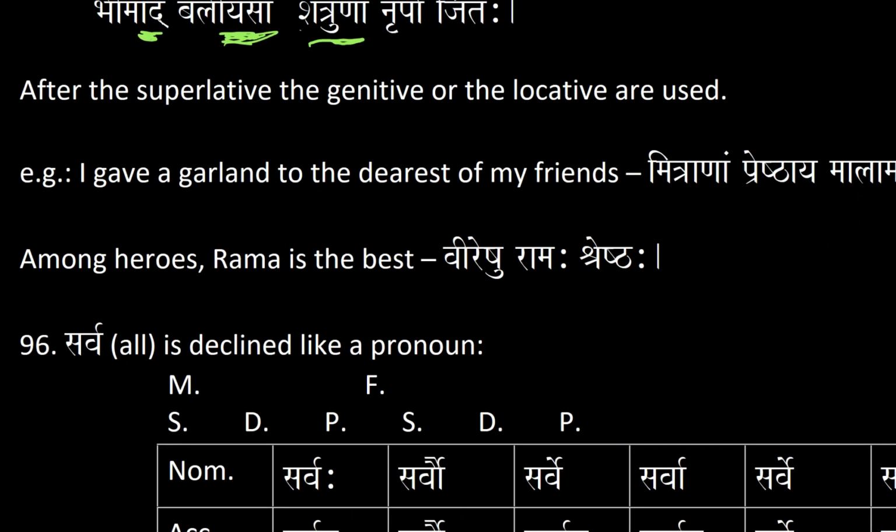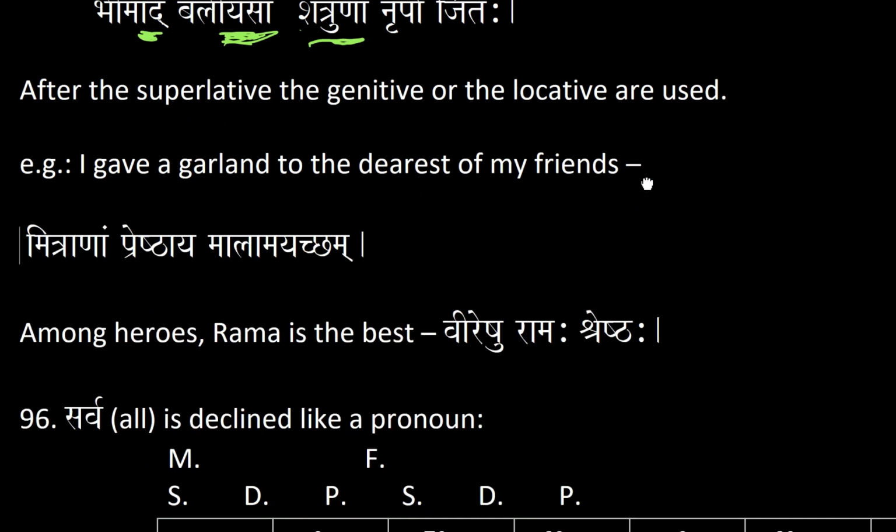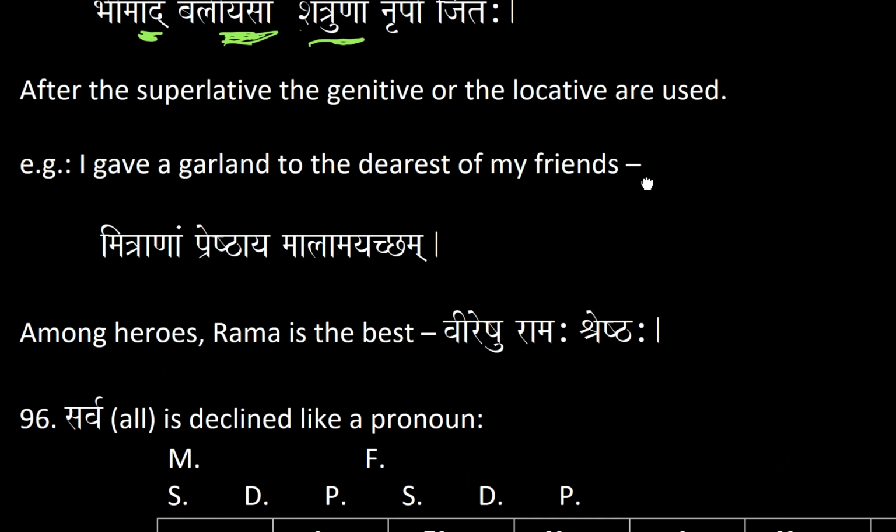And then next is after the superlative, the genitive or the locative cases are used. So in this example, we have I gave a garland to the dearest of my friends.